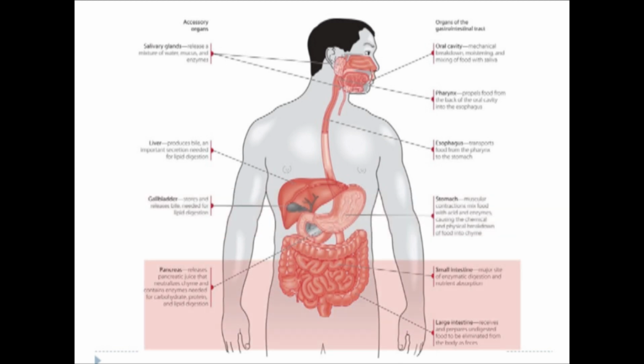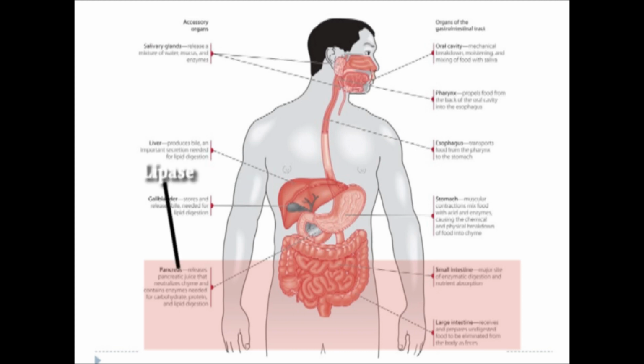The next set of organs that I want to look at is the pancreas, the small intestine, and the large intestine. The pancreas is responsible first for secreting bicarbonate, which neutralizes the chyme, which is acidic coming from the stomach, and then it produces a set of enzymes for the digestion of carbohydrates, notably amylase, and it also secretes, importantly, lipase enzyme, as previously mentioned.